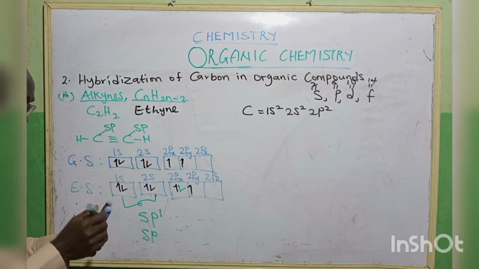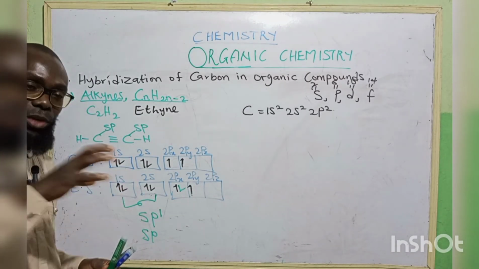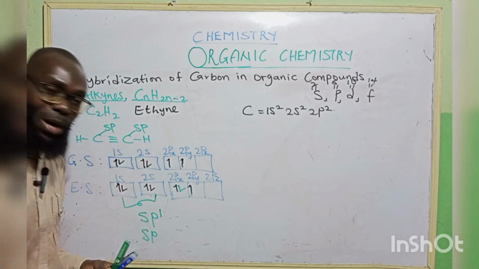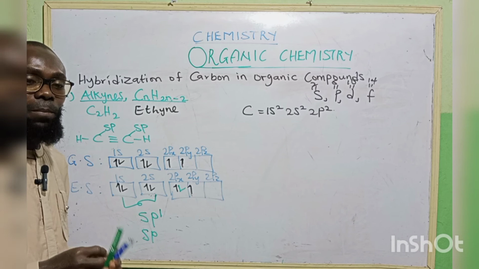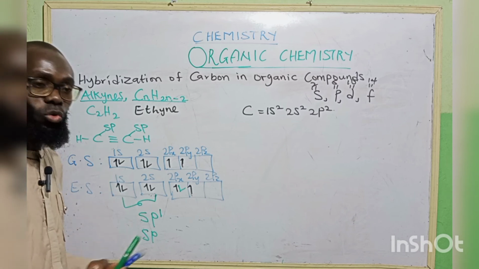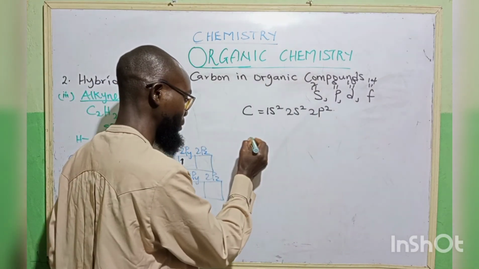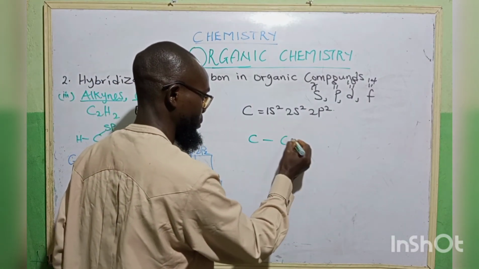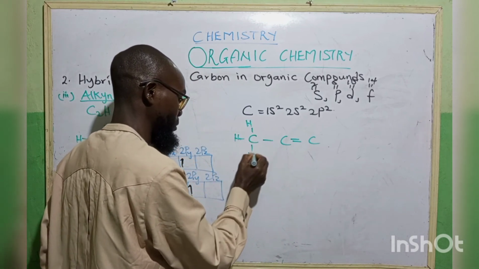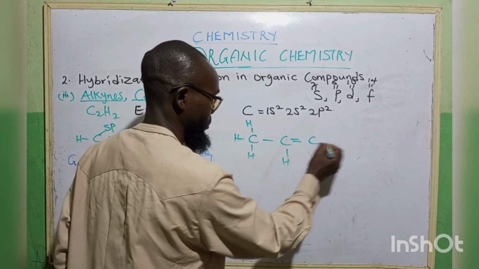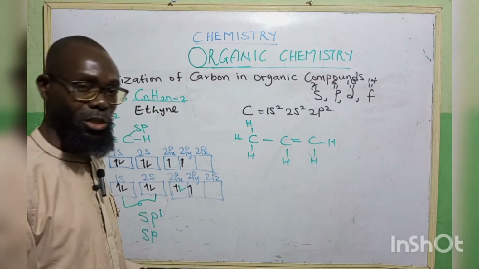So anytime we are given a compound, we must know that if the carbon is surrounded by single bonds, the hybridization is sp3. If it is surrounded by double bond, it is sp2. If it is triple bond, it is sp. Let us consider this compound.